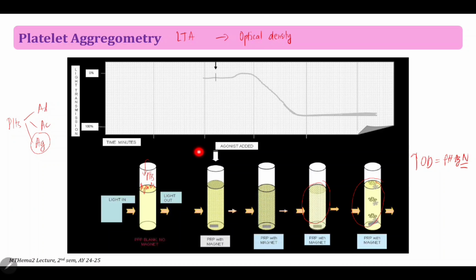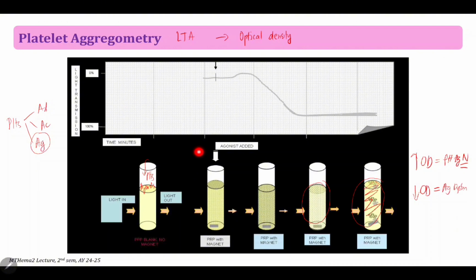But in cases of platelet aggregation dysfunction, the light transmittance would be reduced. There would be decreased optical density, because the platelets did not clump with one another and therefore have an aggregation dysfunction.